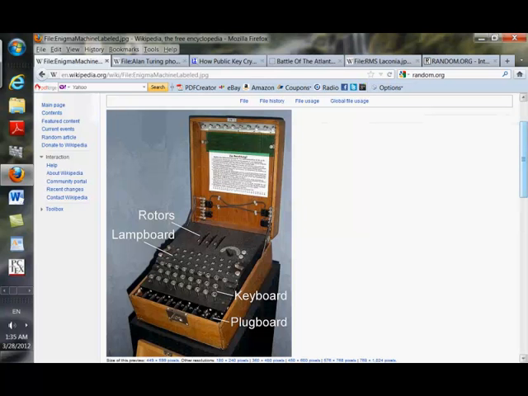So here you would use this keyboard to type, and the rotors were turned into set combinations. And when you had a set combination, the set combination was producing a shift, actually a random shift because it was using a random number applied to the keyboard.